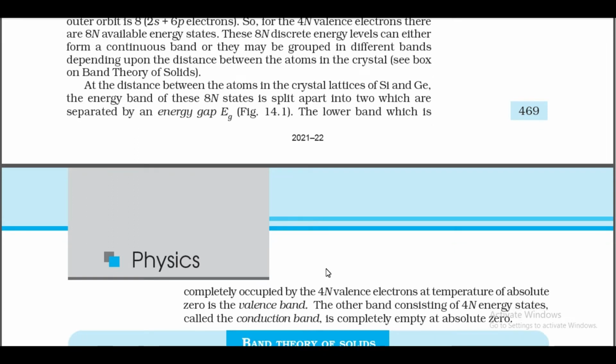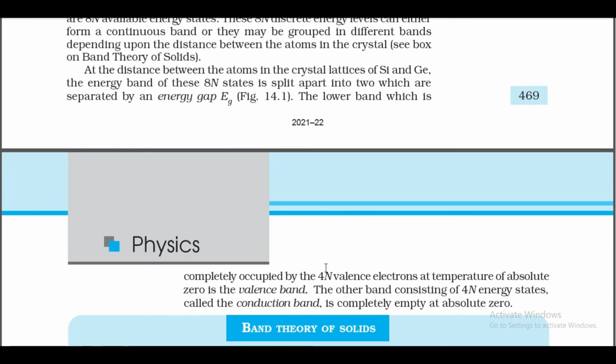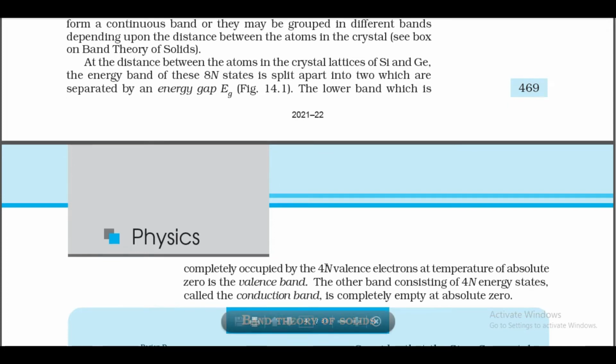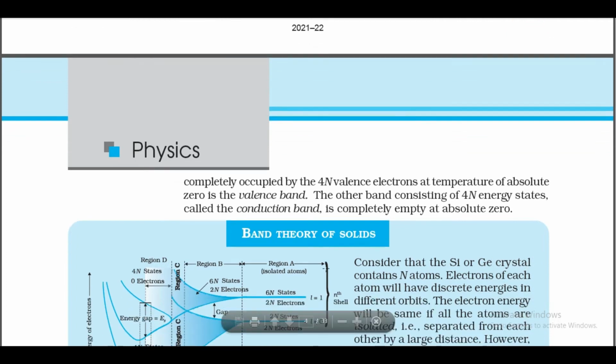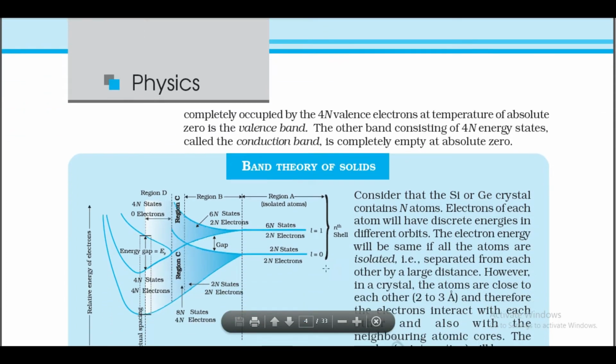At the distance between the atoms in the crystal lattice of Si and Ge, the energy band of these 8n states is split apart into two, which are separated by an energy gap, as in Figure 14.1. The lower band, which is completely occupied by the 4n valence electrons at a temperature of absolute zero, is the valence band.